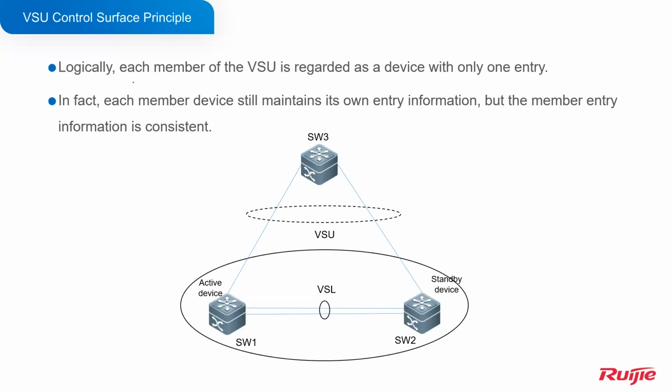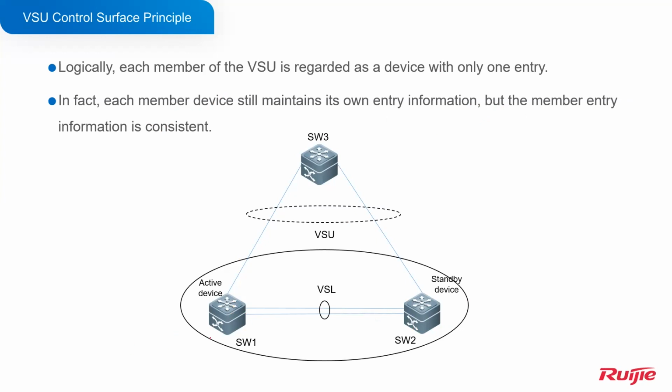So logically, the VSU is regarded as a device with only one entry. But in fact, each member, switch 1 and switch 2, still maintains its own entry information. The special thing is that the member entry information is consistent.